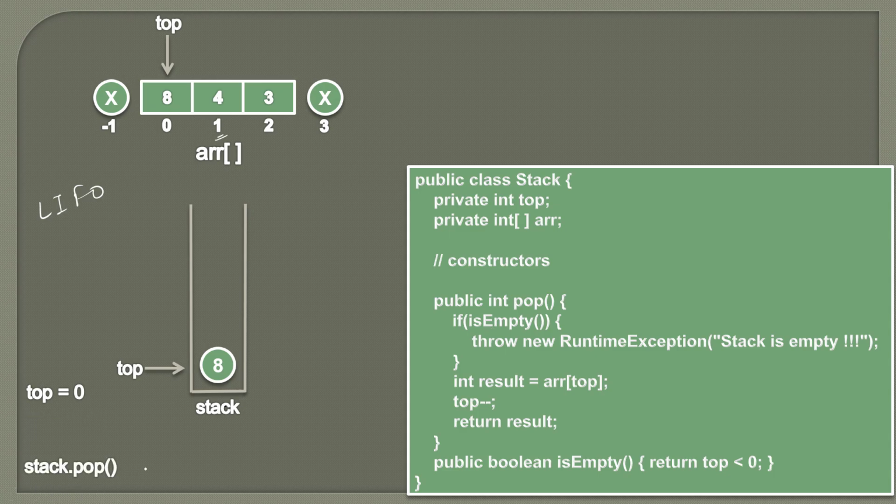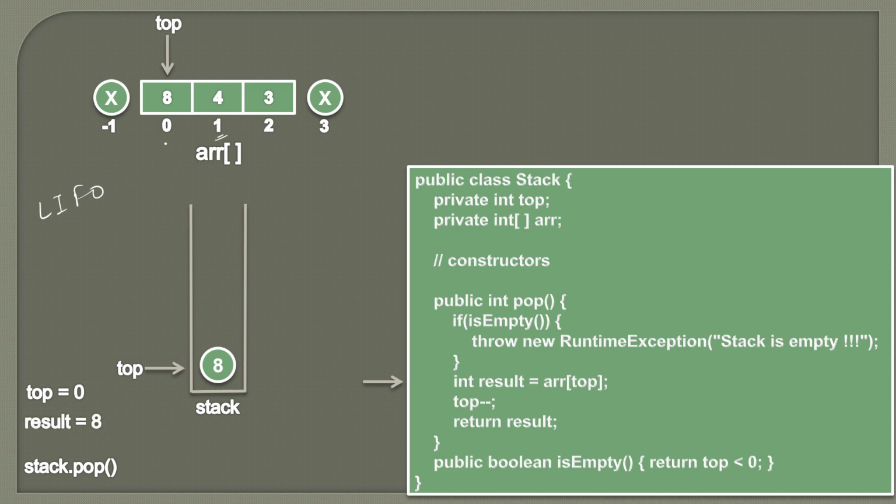Let's say we again call pop, now 8 will be removed. We check whether the stack is empty or not. So the value of top is 0. 0 is not less than 0. So a false value will be returned, so this if block won't get executed. We first hold the value of the 0th index, which is 8, because top is pointing to 0.